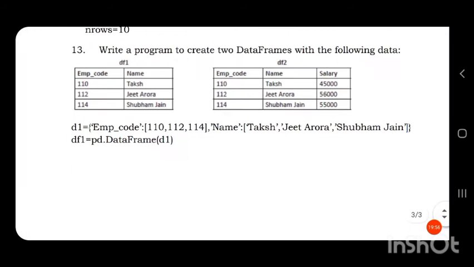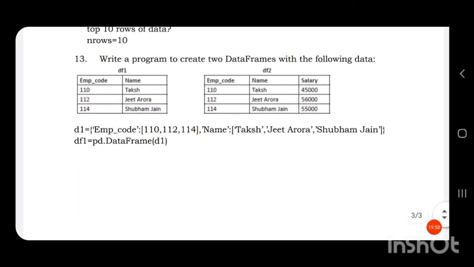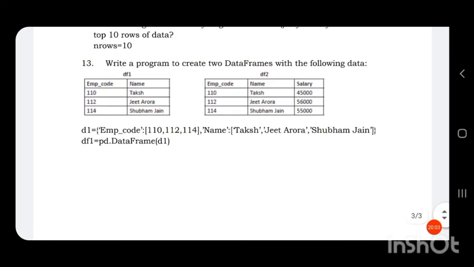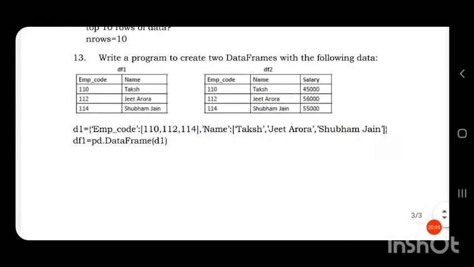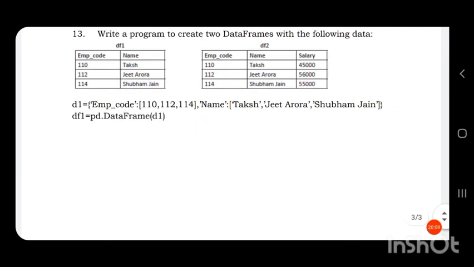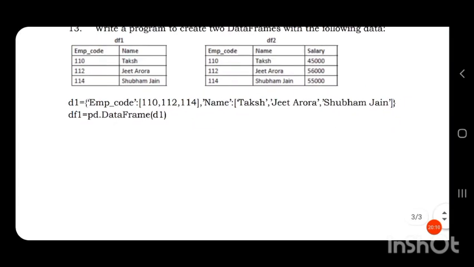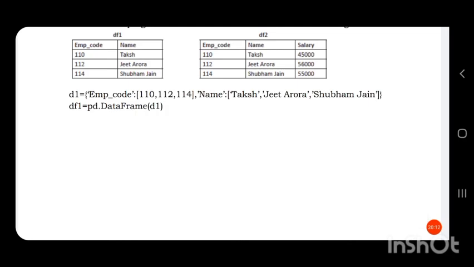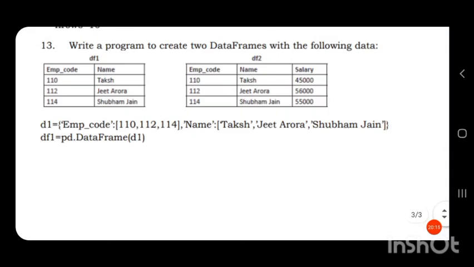Then df1 is equal to pd dot DataFrame in bracket d1, and in the next table, same way, in d2 you have to write the dictionary and add another key value pair, that is the key salary, colon, in square brackets 45,000, 56,000, 55,000.